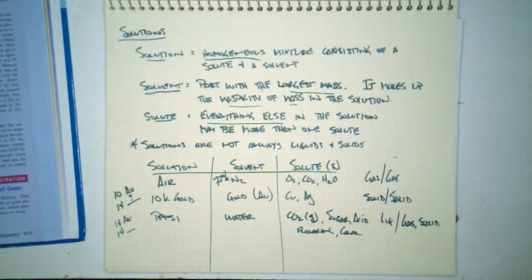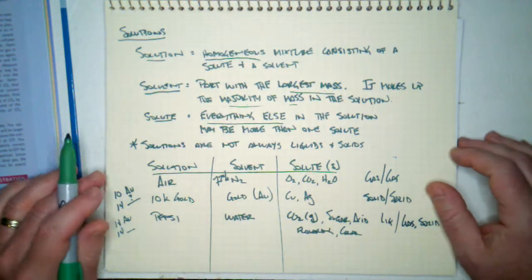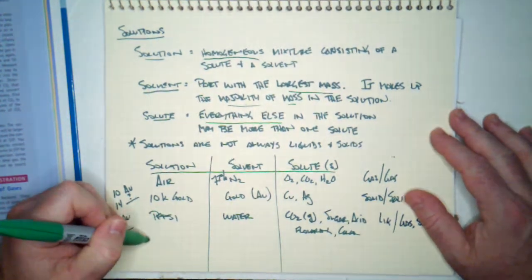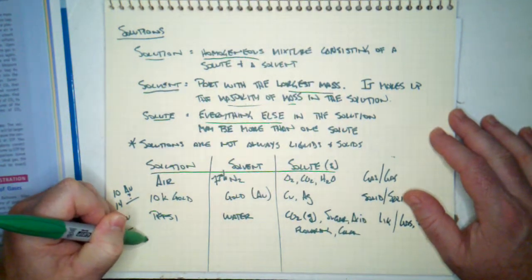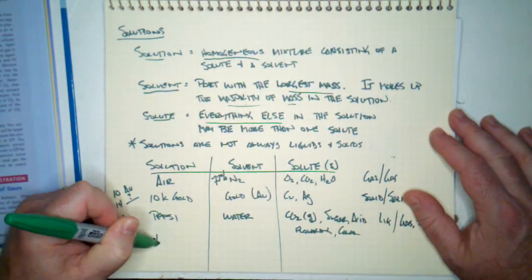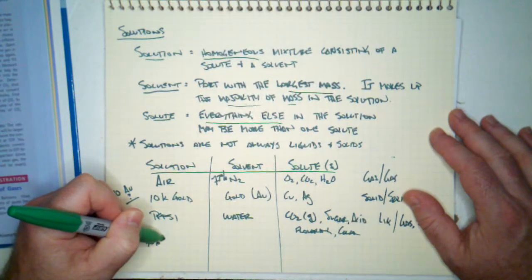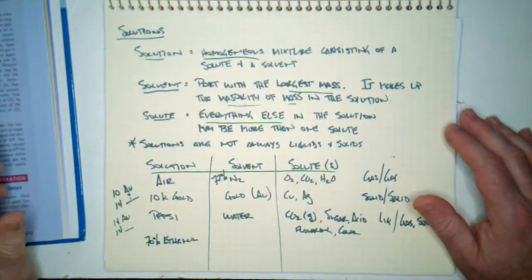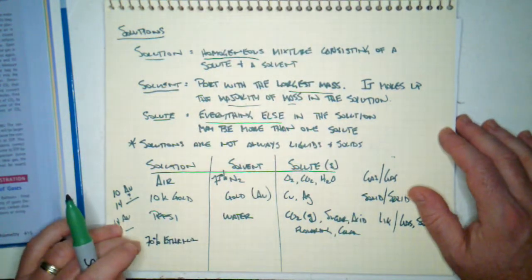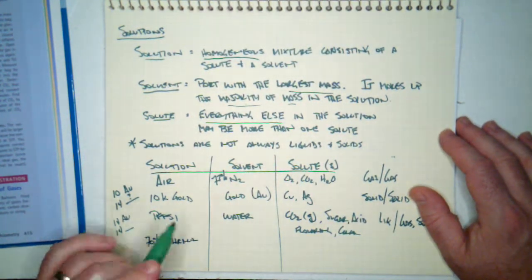We could also have a solution of alcohol. For instance, a common disinfectant is 70% ethanol. Now, ethanol here makes up 70% of the solution.